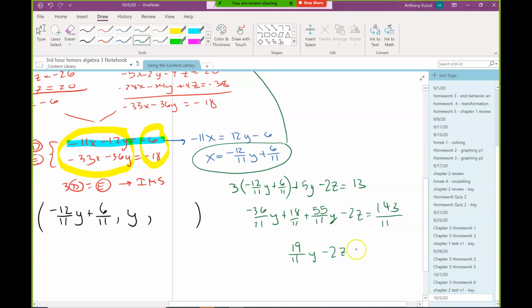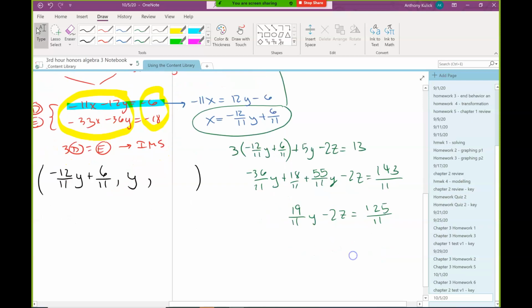And if I subtract that 18 over 11 from both sides, it gives us 125 over 11. And then I'll subtract that 19 over 11y to the other side.